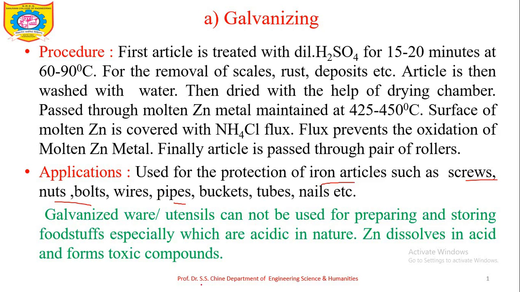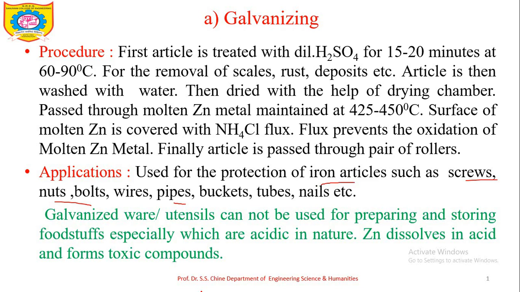One more point related to galvanizing is actually a drawback we can consider. These galvanized utensils cannot be used for preparing and storing foodstuff, especially those which are acidic in nature, because zinc dissolves in acid and forms toxic compounds.